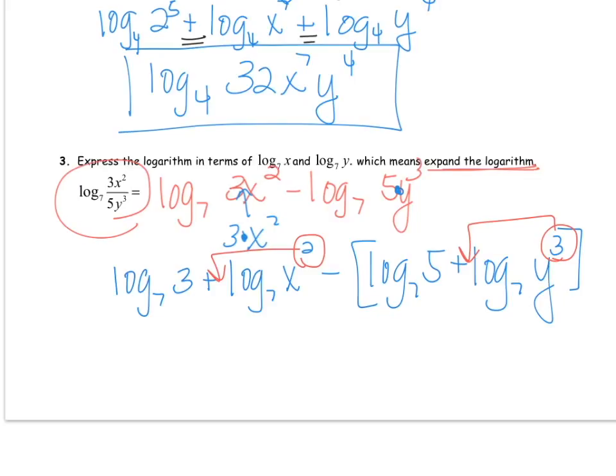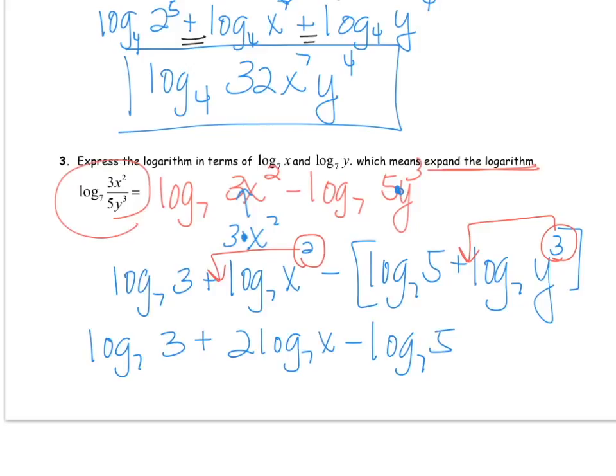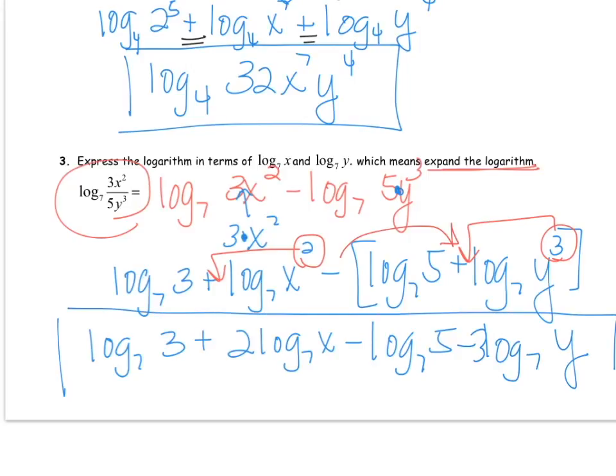And so my final answer is going to be log base 7 of 3 plus 2 log base 7 of x minus log base 7 of 5. And notice I distribute the subtraction. So then minus 3 log base 7 of y. And that's the final answer if I'm asked to expand.